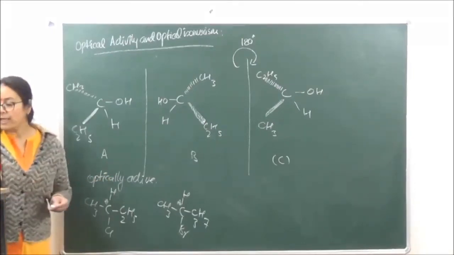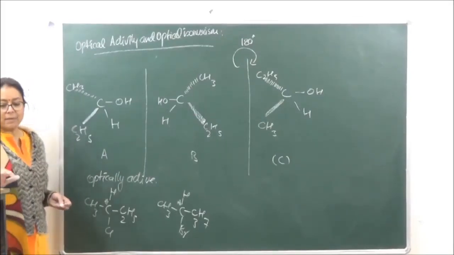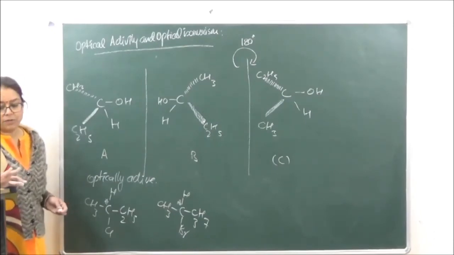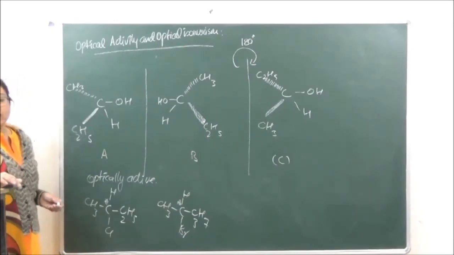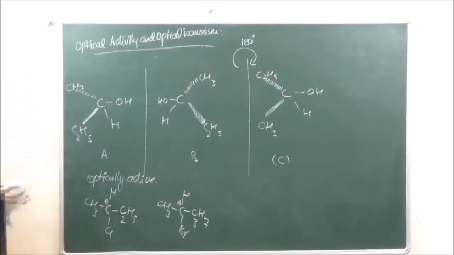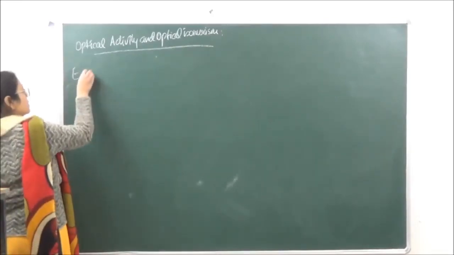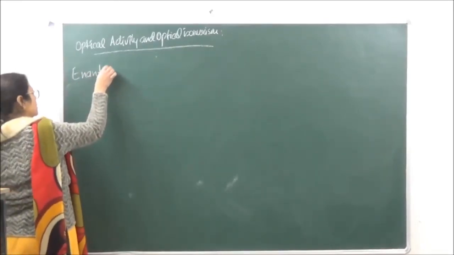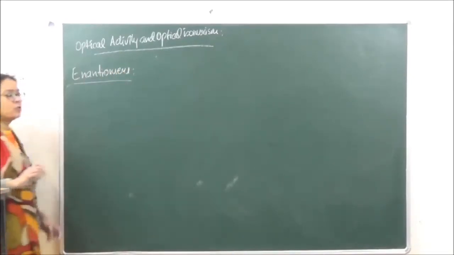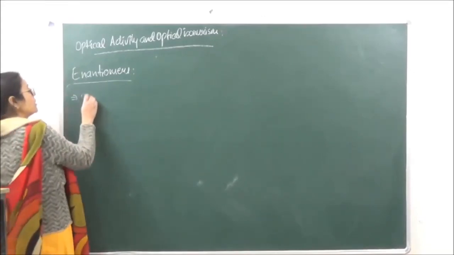Okay, so all these which are going to have an asymmetric carbon atom, that is going to be optically active. Is it clear? So in a similar manner, we have another term over here which is known as enantiomers. What are enantiomers? Enantiomers also, they are non-superimposable mirror images.